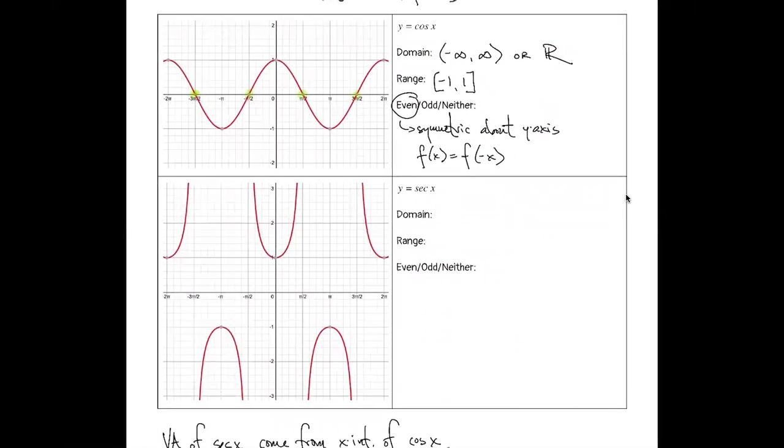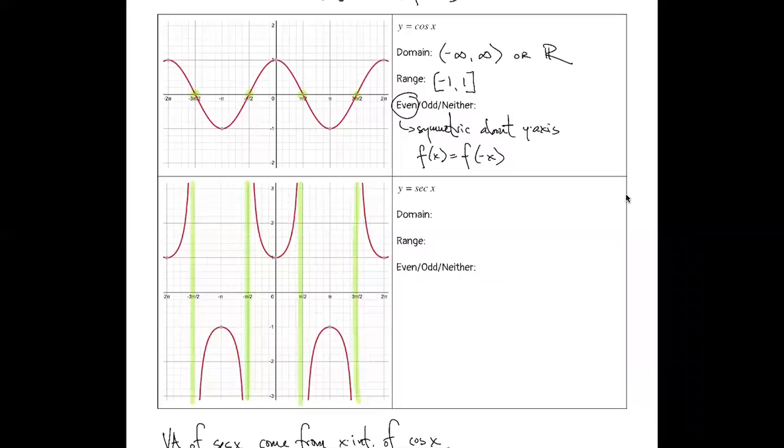We can see that this has a vertical asymptote at the same angle that cosine has a 0. And that happens again at pi over 2, again at negative pi over 2, and again at negative 3 pi over 2. Okay? So all of those x-intercepts turn into vertical asymptotes for secant.